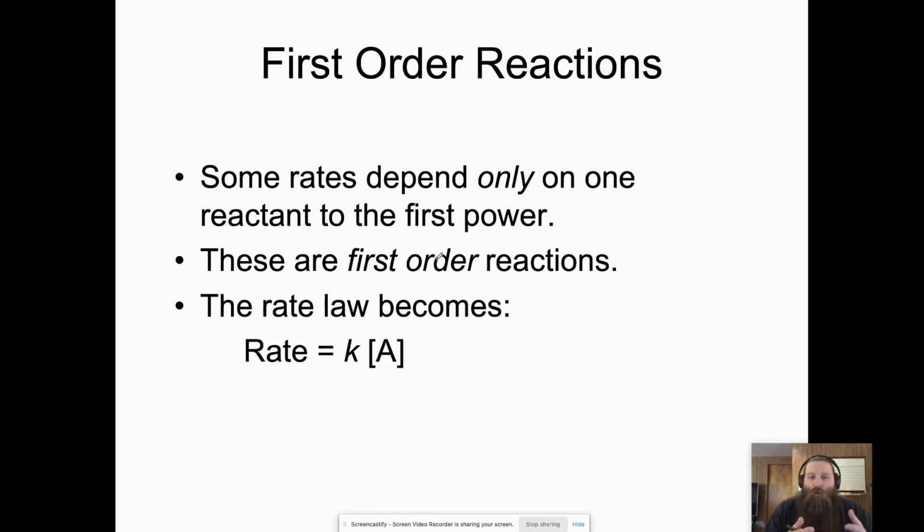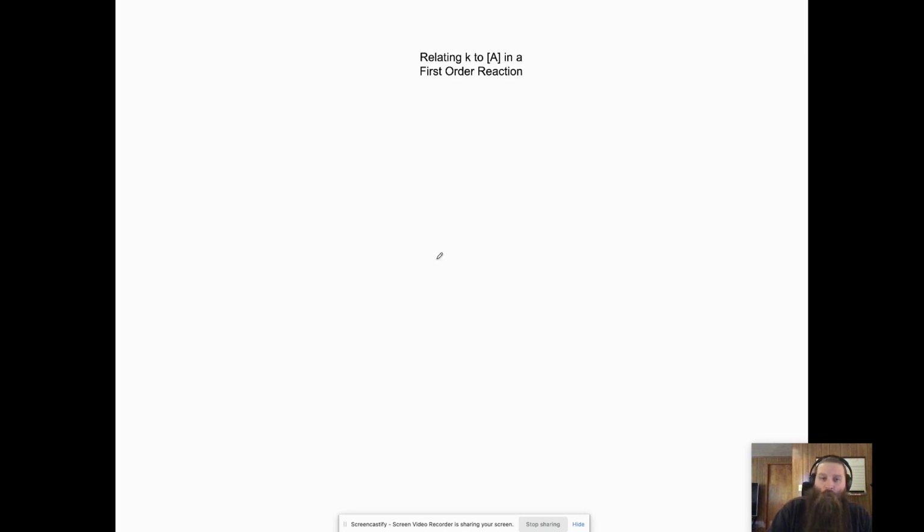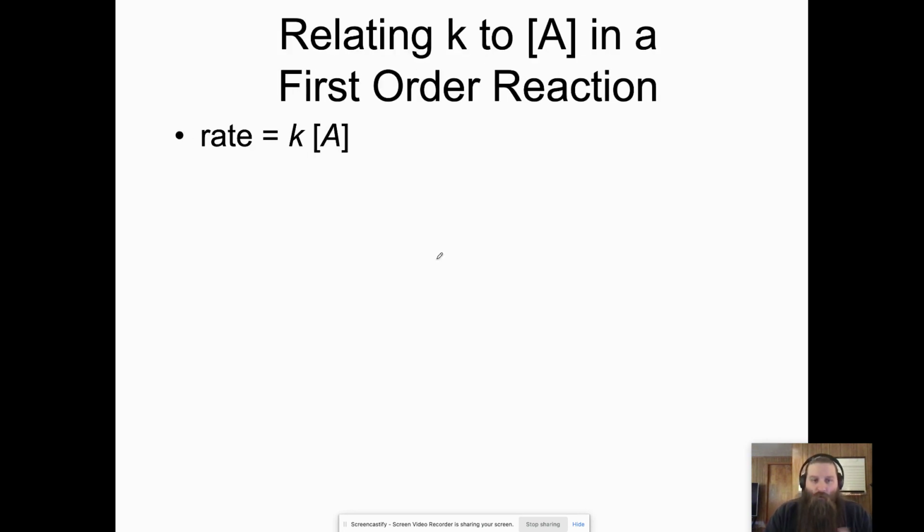So if a reaction only depends on one reactant raised to the first power, we call that a first order reaction. And since any of the other reactants don't matter, we leave them out. The rate law just becomes k times the concentration of A is equal to our rate. Now, let's make sure we can relate those things.